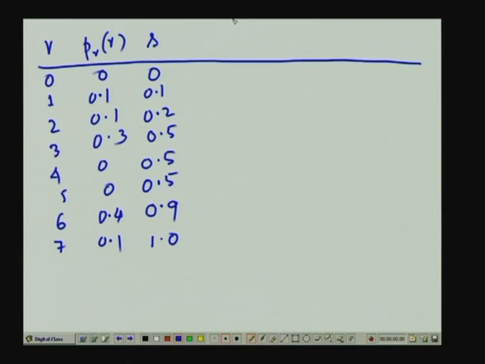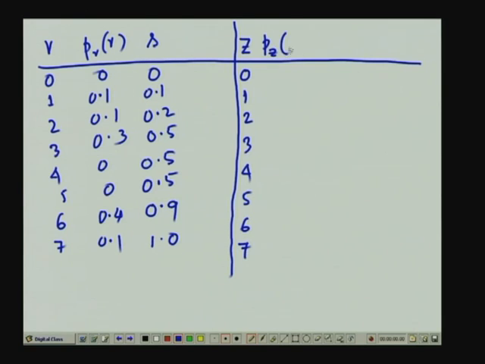Similarly, from the target histogram, for different values of Z, 0 through 7, the corresponding histogram P z z is 0, 0.1, 0.2, 0.4, 0.2, 0.1, 0, 0.